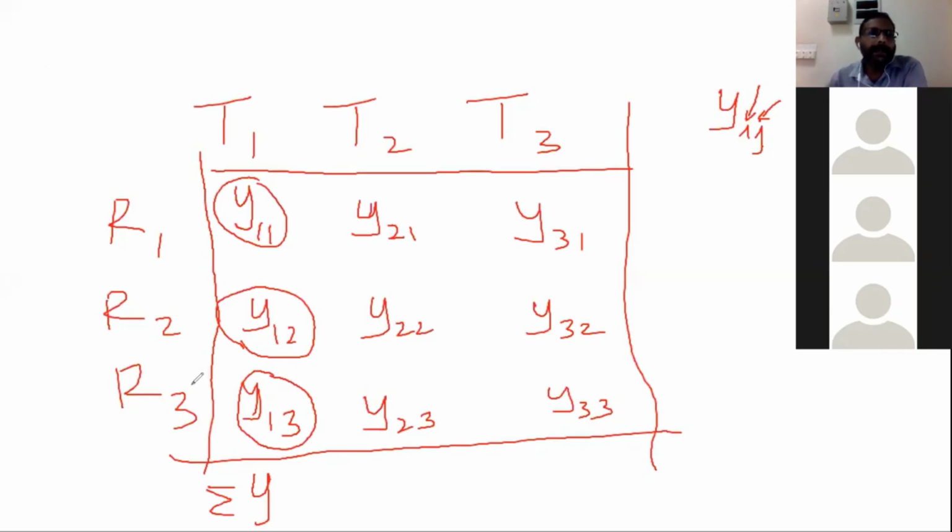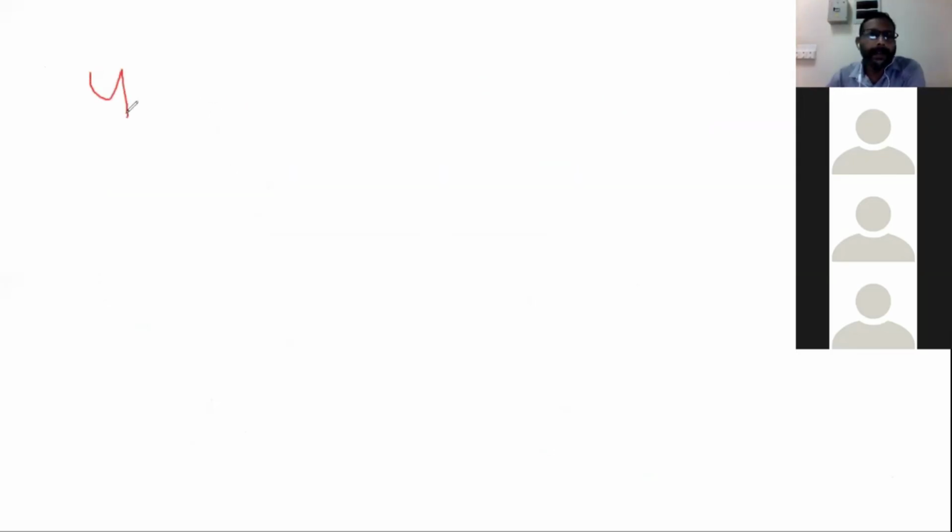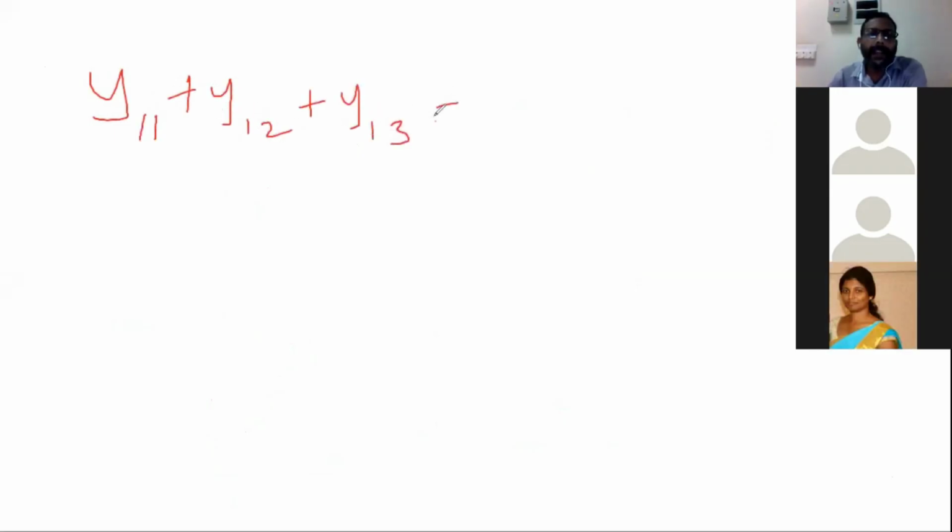So in other terms, I will use another piece of paper. For example, Y11 plus Y12 plus Y13. We can write this as summation Y. Can somebody say what this is? Y1 dot.